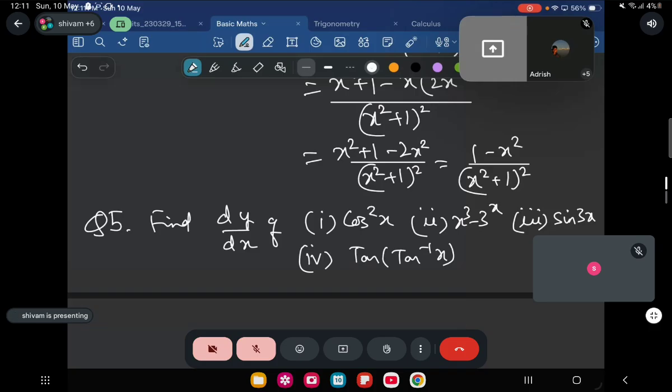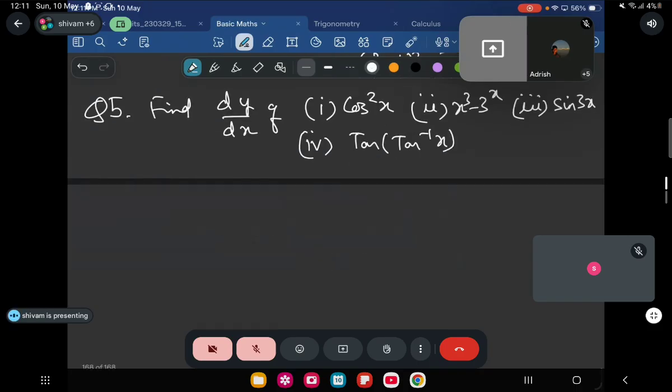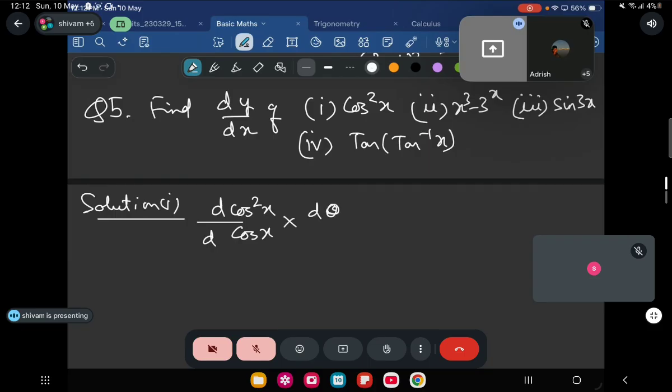First one is dy dx of cos square x. So we need to differentiate cos square x with respect to cos x, then d cos x divided by dx.